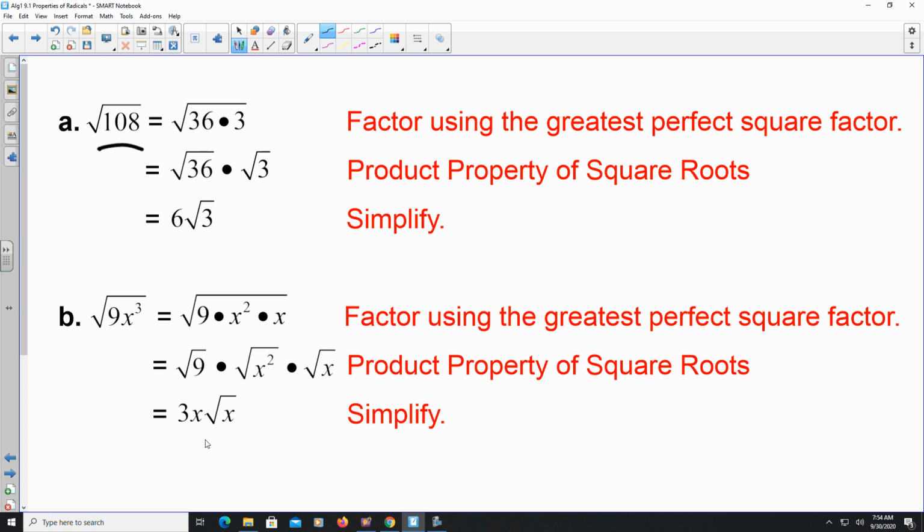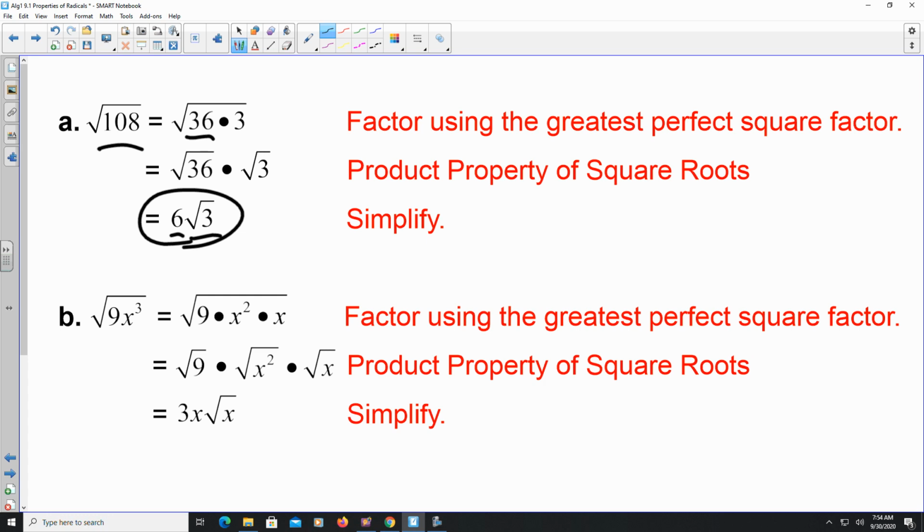If I took the square root of 108, it's not a perfect square number, but it is the product of two values in which one of them is a perfect square number, and that is 36. 36 is my perfect square number because the square root of 36 is 6, but what I have left over is a square root of 3, so this is my simplified expression.